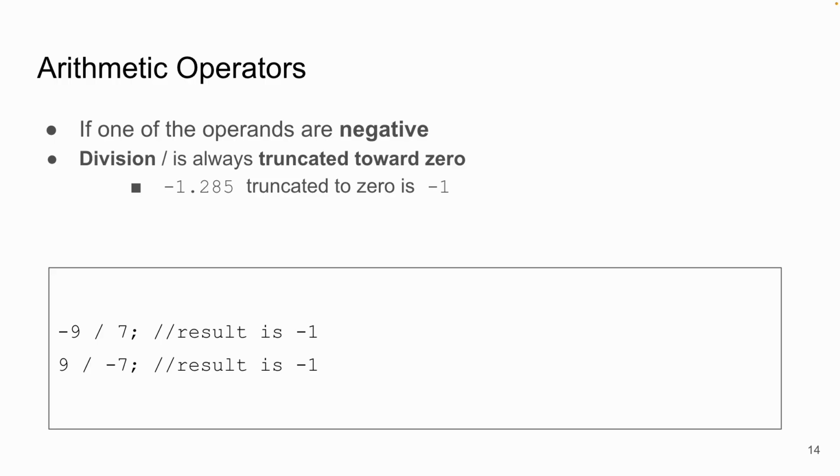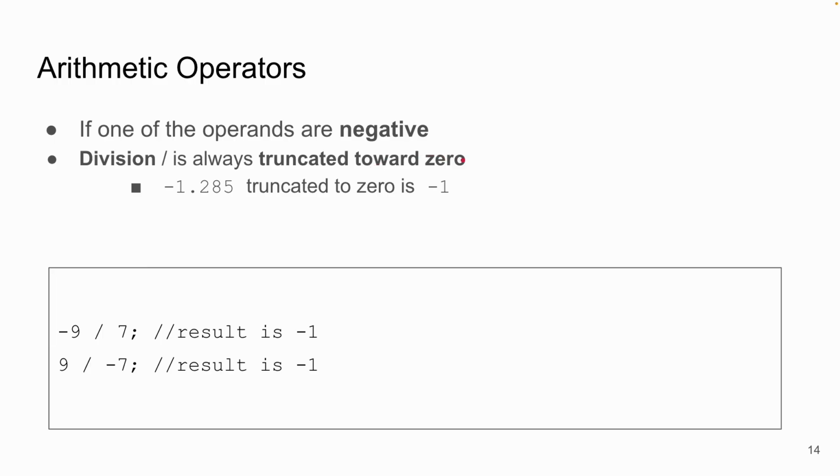And the other case is, what if we mix positive and negative values together in the same expression? C also has different rules when it encounters this situation. The first thing is that if one of the operands is negative, for example, in this case only one operand is a negative number, right? In this case, if we use division, then what the division will do is always truncate toward 0.